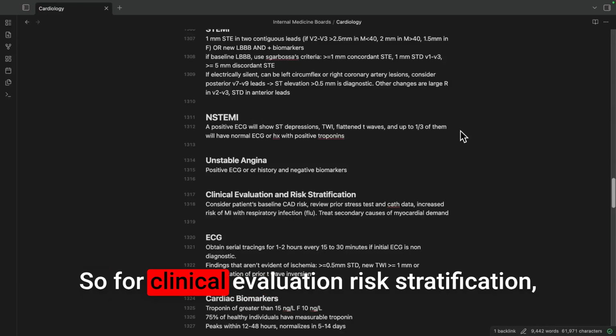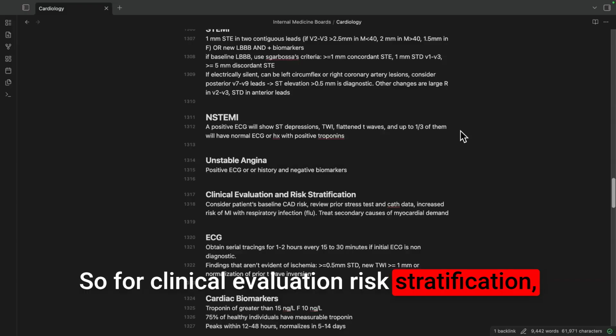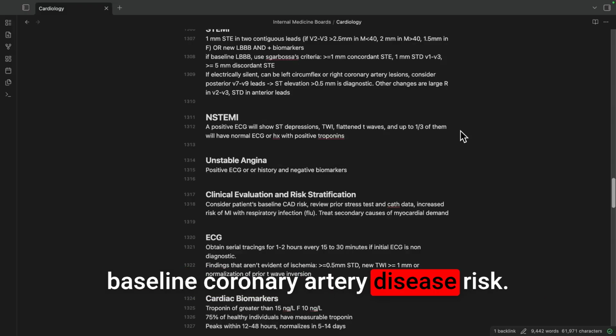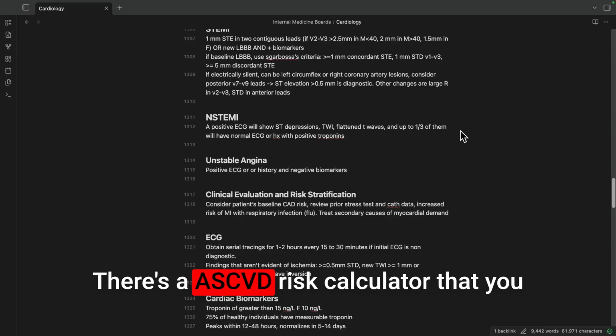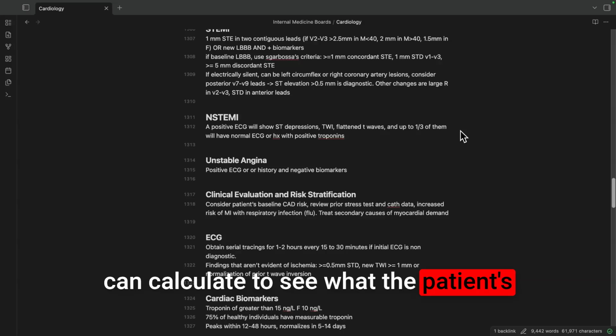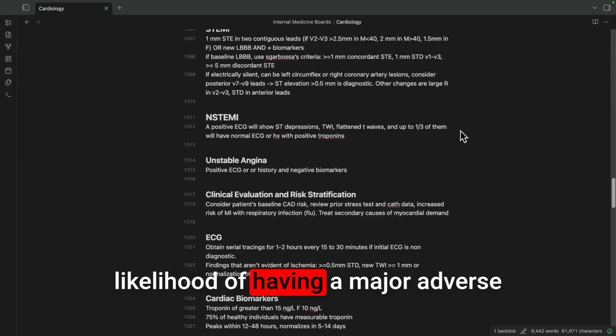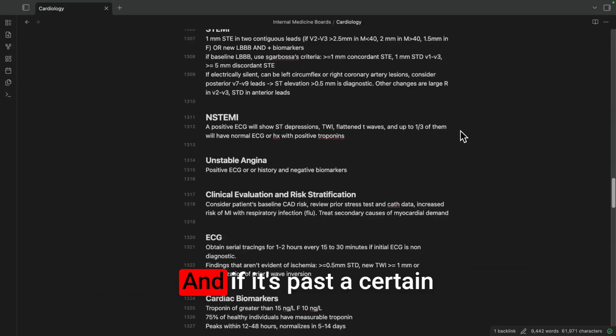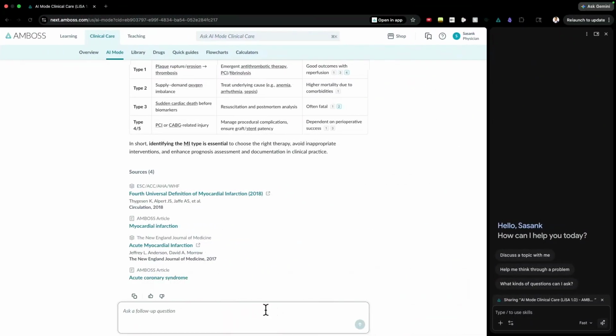So, for clinical evaluation risk stratification, you will consider the patient's baseline coronary artery disease risk. There's an ASCVD risk calculator that you can use to see the patient's likelihood of having a major adverse cardiovascular event in the next 10 years.